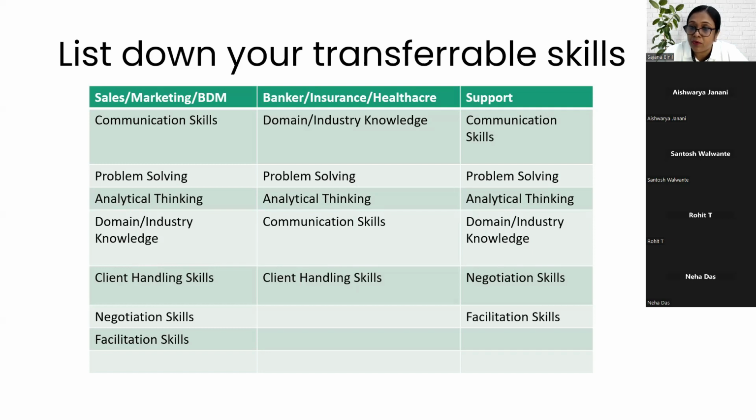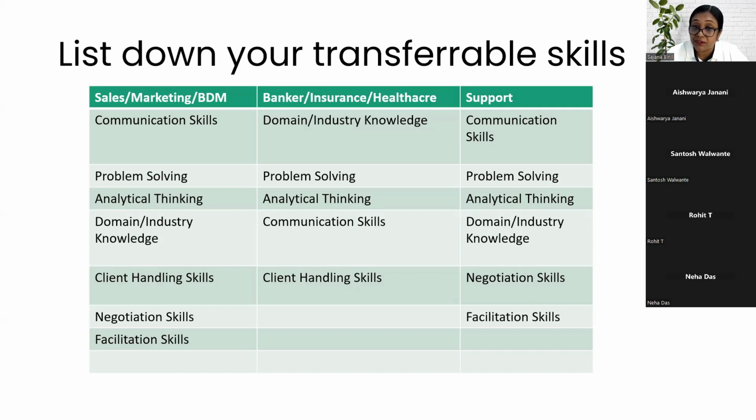Quickly, I will close the poll in some time. Before that, mark your role. Okay, we have homemakers as well. We have some students also. We have 5 people from support.